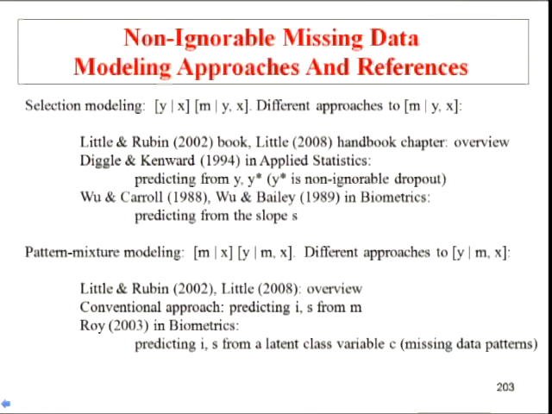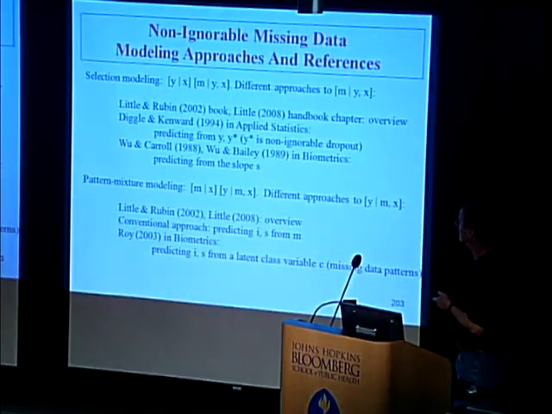That should be contrasted with pattern mixture modeling, which looks at missingness as a function of x and y, the outcome, as a function of missingness and x. In both cases, you're looking at the full distribution of y and m given x.